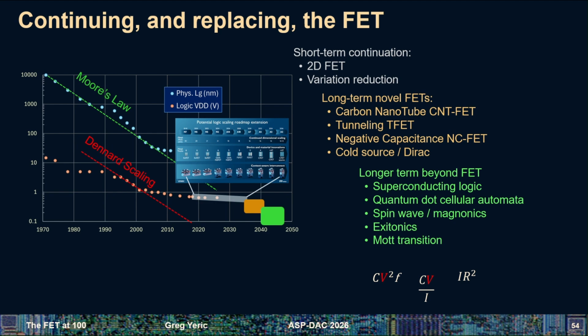But then longer term, what we really want to do is get the voltage down from 0.6 to 0.1, and that's probably not going to be an FET. So there are things that already operate at 10 millivolts or 20 millivolts. Superconducting logic is one. That is the same device as is used in quantum computers, or the one type of quantum computers, the type that IBM, Google, and Intel are all using right now, the Josephson junction.